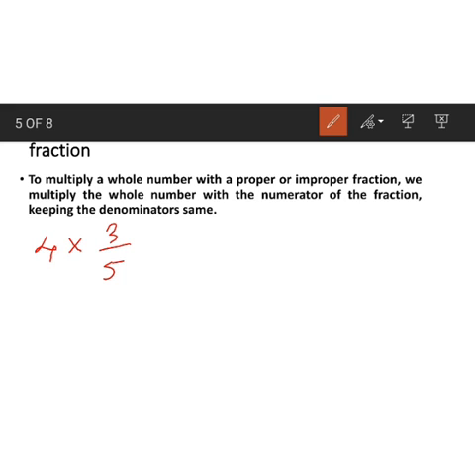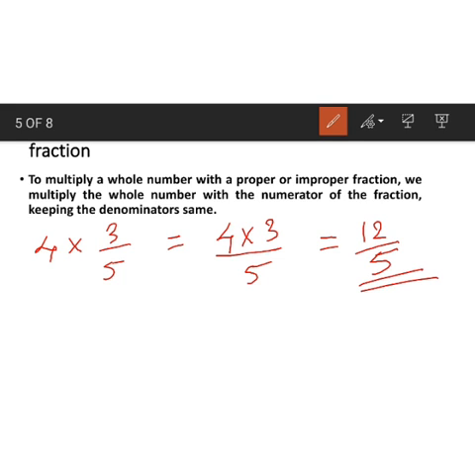So what we have to do is multiply the whole number to the numerator of the fraction. So that will be 4 into 3, keeping the denominator as itself. So this will be 4 into 3 whole divided by 5. That means 4 into 3 we get 12, divided by 5.